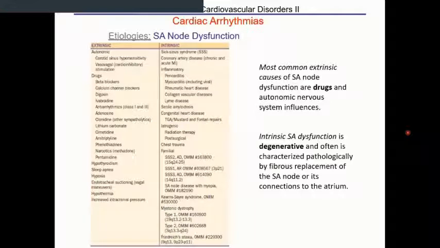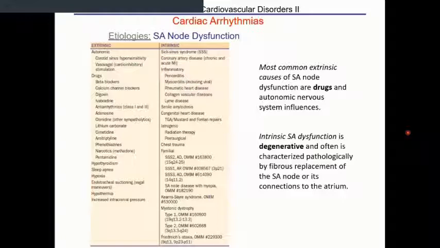So in your textbook, Harrison, there is a table there summarizing the causes of SA node dysfunction. So there are extrinsic causes of SA node dysfunction, and you have your intrinsic causes of SA node dysfunction. On the left side of the table is your extrinsic causes.